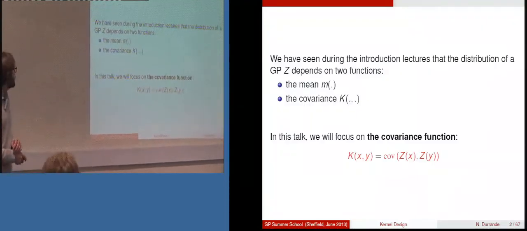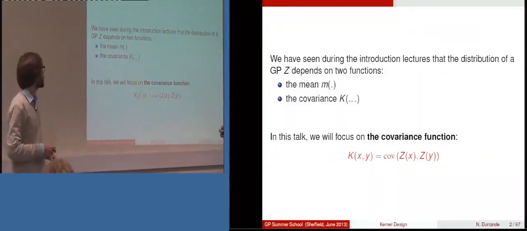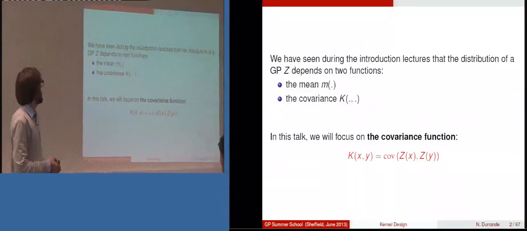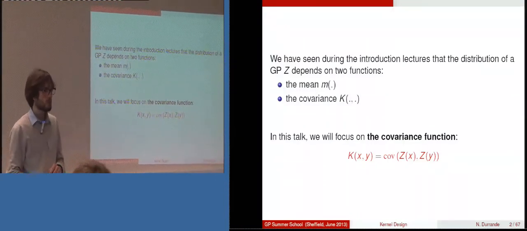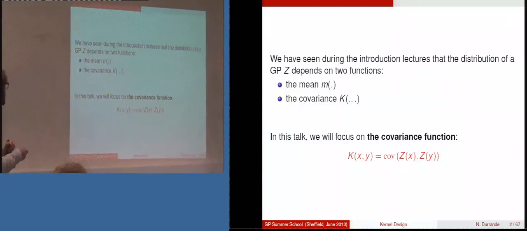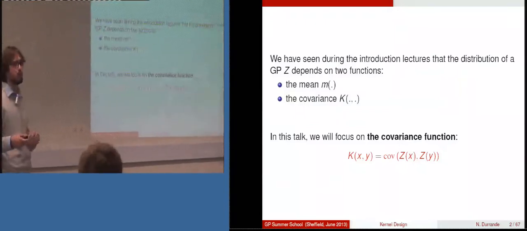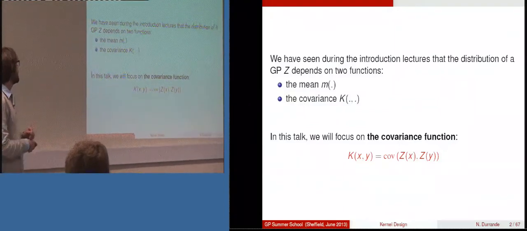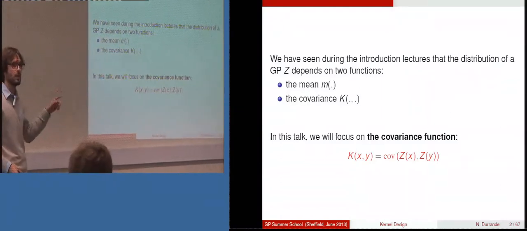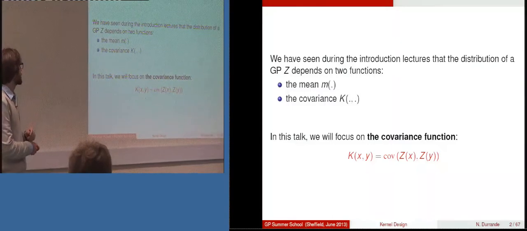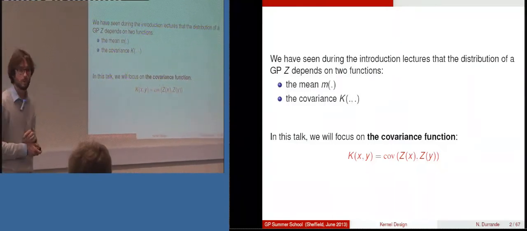So we've seen during the introduction lecture this morning, during the lab sessions, that a GP depends on two functions. The first one is its mean. Most of the time for now we assume that the mean was equal to 0. But you've seen that after conditioning the GP, the posterior mean was not equal to 0 anymore.